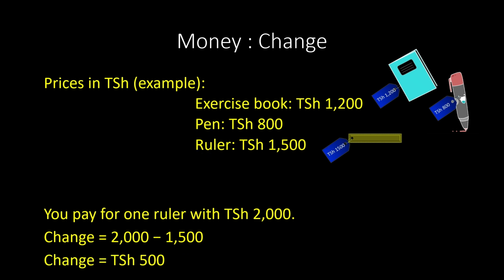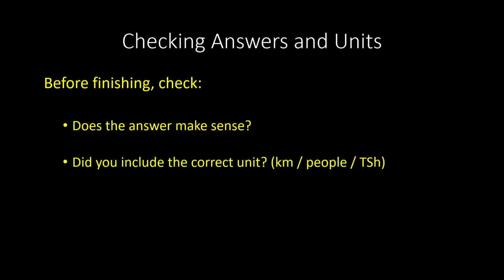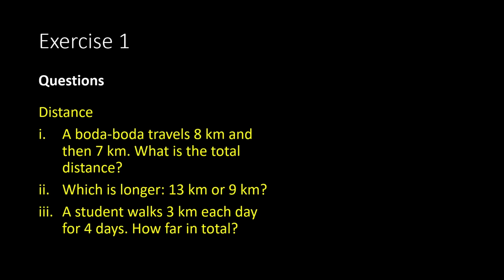So 2,000 minus 1,500 is 500 shillings. Before you finish any problem, do check that your answer is sensible and that you've included the correct unit. Also, double check that you do choose the correct operation.